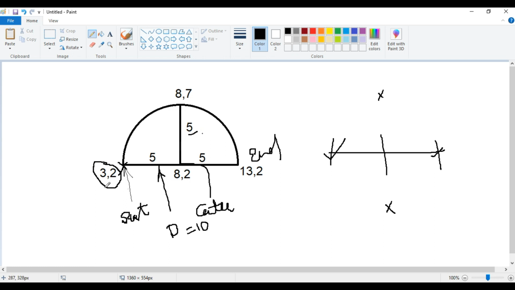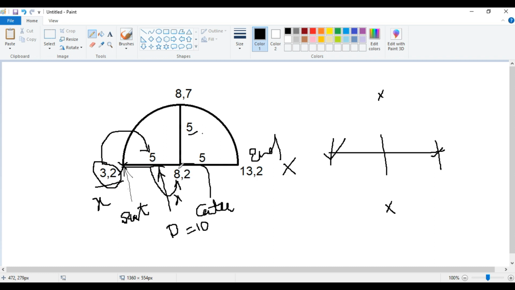As I told you in the previous lecture, the first coordinate value is 3 comma 2. This 3 is added to 5, so it becomes 8. Only the x value is increasing, as we are moving in the x direction.